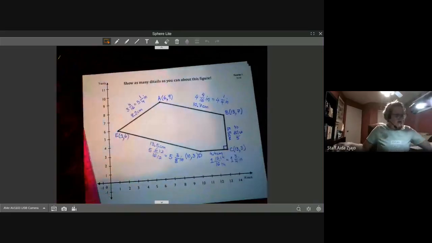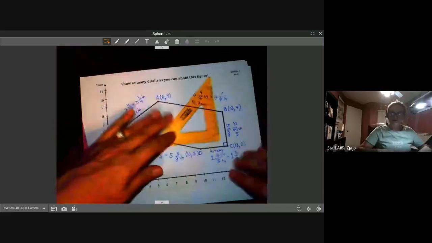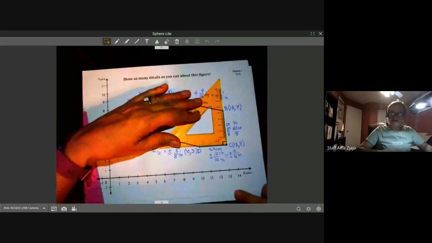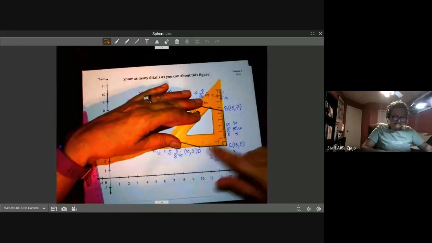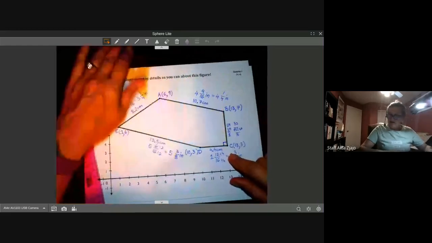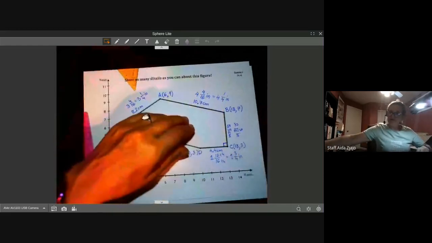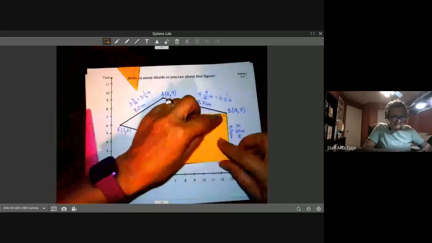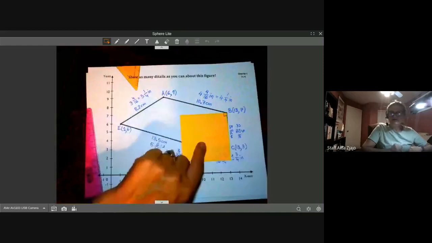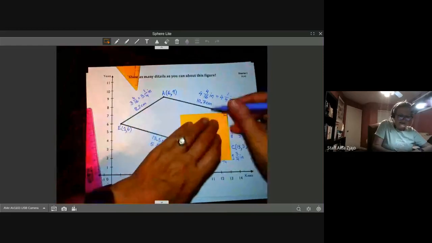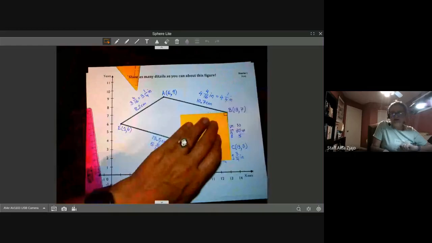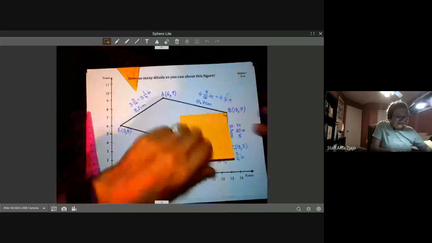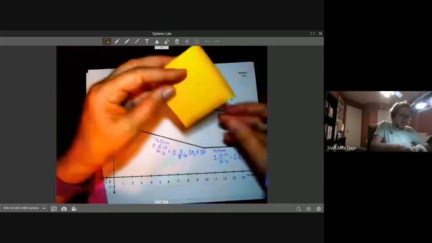Another way I can explore is with my small triangular rulers. I know this is a 90 degree angle because it fits perfectly. I can explore the rest of my angles. If I already know a right angle has to fit my corner, I can see right here that this angle is a little bit bigger than 90 degrees.